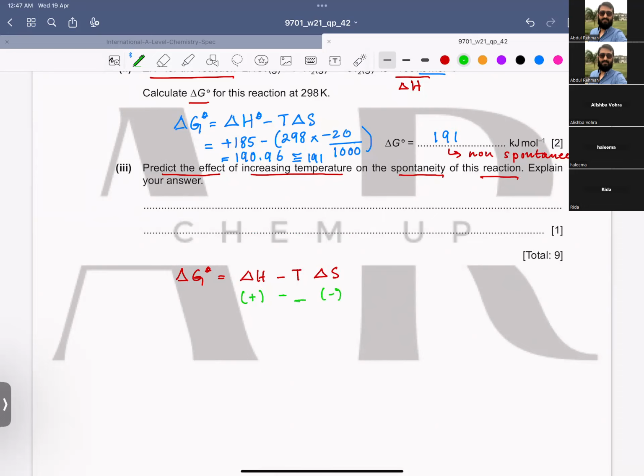So if we increase this value, then T delta S becomes greater than delta H. So the change in Gibbs free energy becomes negative.